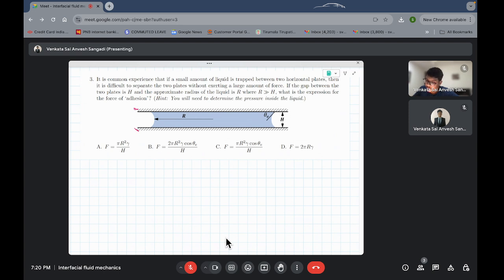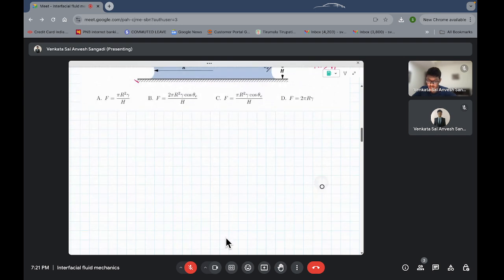If the gap between the two plates is h and the approximate radius of the liquid is r, where r is greater than h, then what is the expression for the force of adhesion? The hint is given that we need to calculate the pressure inside the liquid.